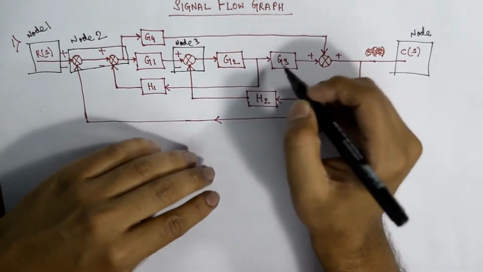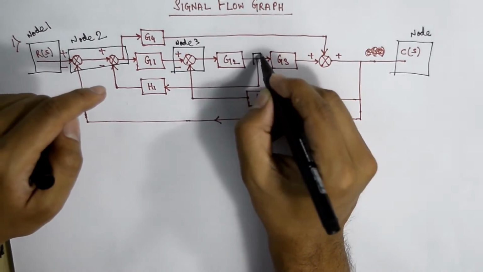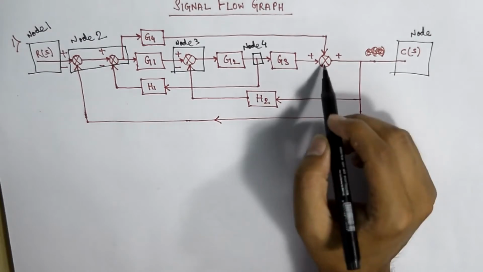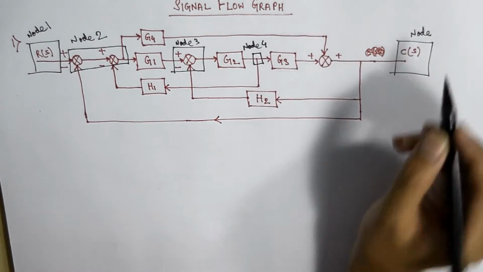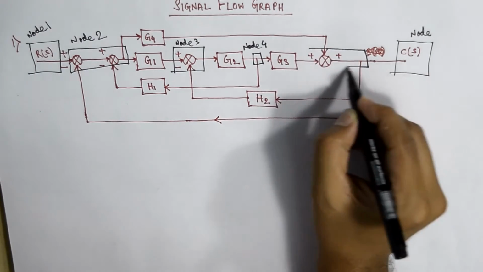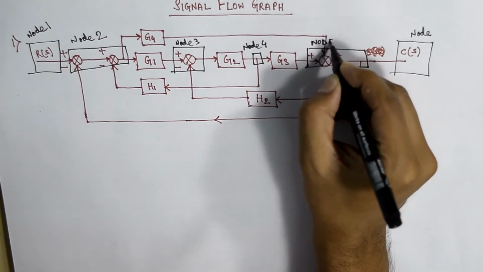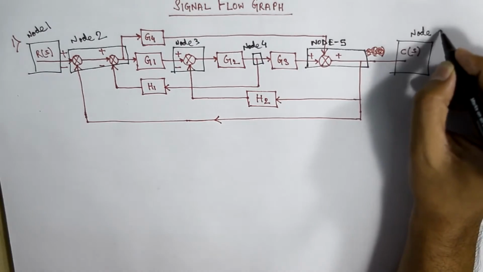And this takeoff point which is between the G2 and G3 blocks as node 4. This summing point as well as the takeoff point after the G3 block, we will consider as a single node, say node 5. And this Cs as node 6.